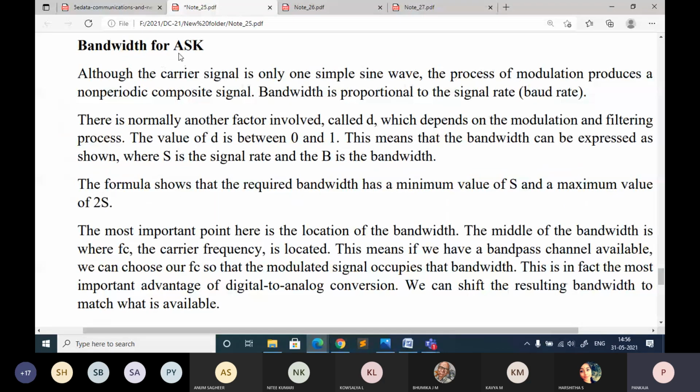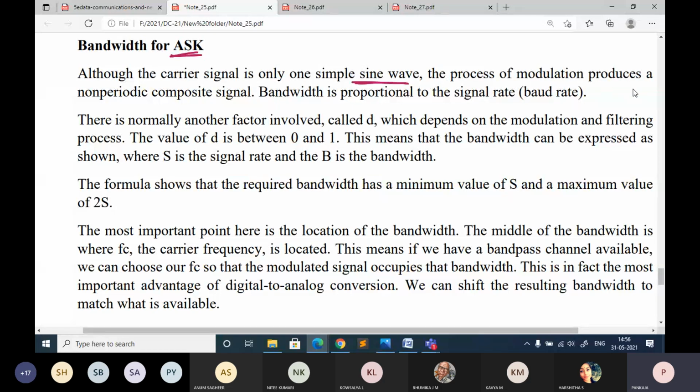Next, there is one important characteristic we need to discuss with respect to ASK, which is bandwidth. What is the bandwidth required for modulation of ASK? Here the carrier signal is only one simple sine wave, since an analog signal is always represented using a sine wave.